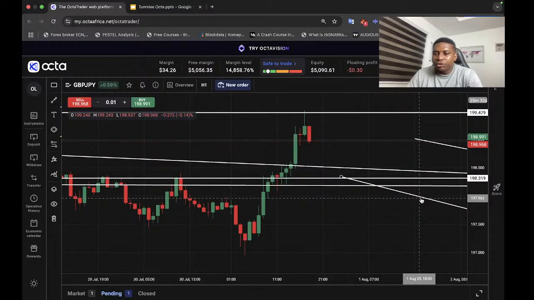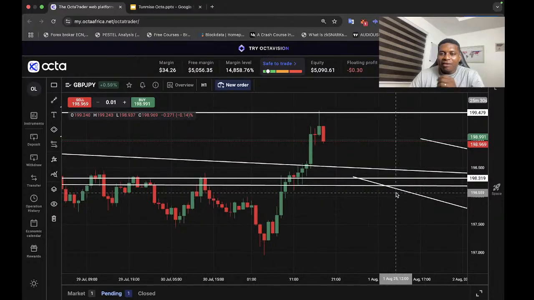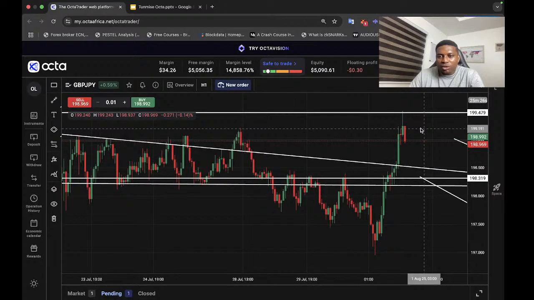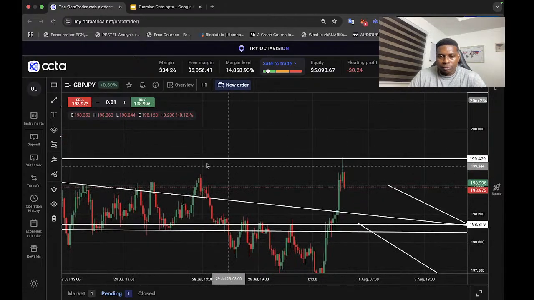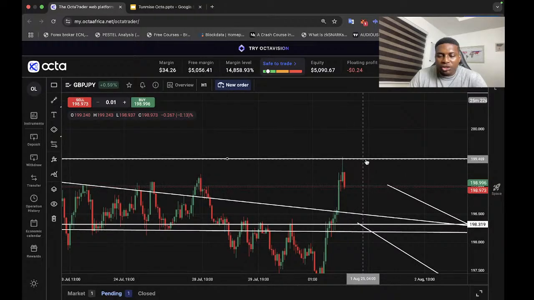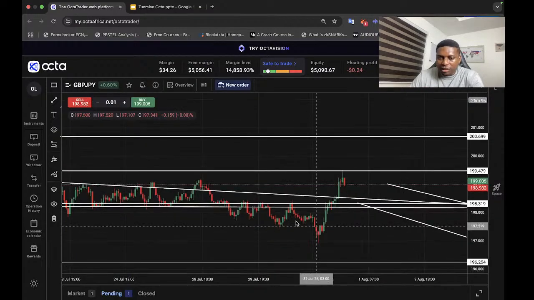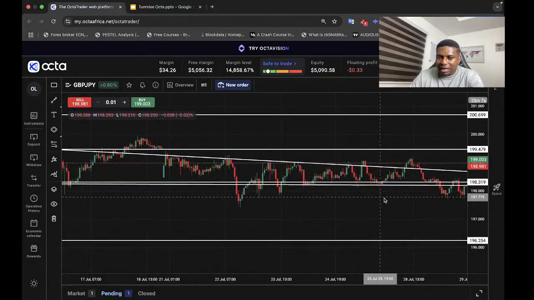However, it has quit. It is losing the buy momentum after touching the resistance level here, the resistance level at 199.479. Okay, and then we can see the sell-off already coming in.